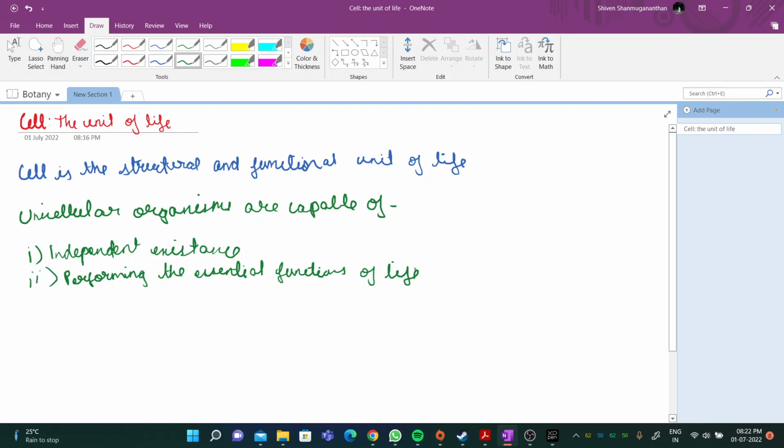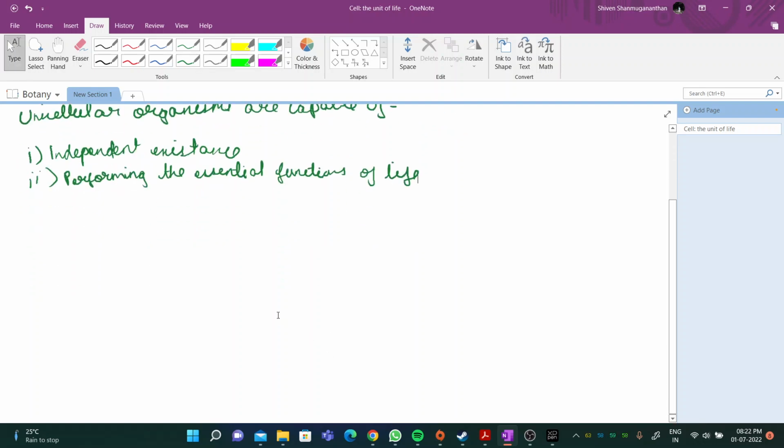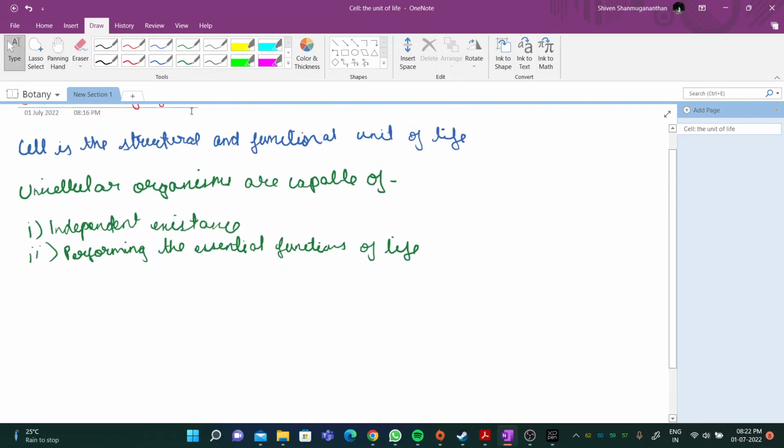Now, let's talk about some scientists here who did give us major contributions to botany. Now, the first scientist we are going to talk about, I'm sure all of us would have heard his name. He is Robert Hooke. Now, as we all know, Robert Hooke studied and discovered the cell from a thin slice of cork. Now, cork, C-O-R-K, is the outer layer of the bark, and these are usually dead cells. So, what Robert Hooke observed was basically only the cell wall or a dead cell.